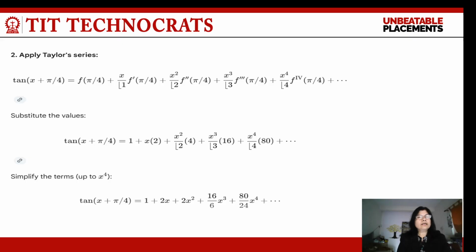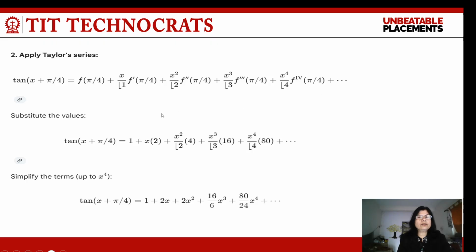Now applying Taylor's series, that is tan(x + pi/4) is equal to f(pi/4) + x/1! f'(pi/4) + x^2/2! f''(pi/4) + x^3/3! f'''(pi/4) + x^4/4! f''''(pi/4) + and so on.